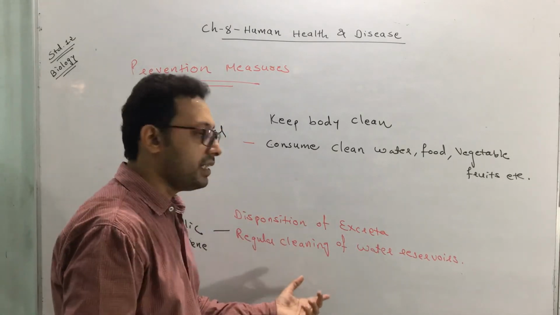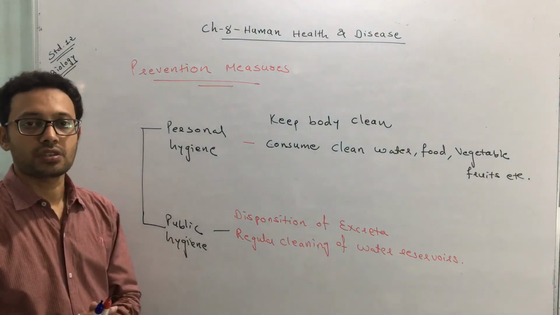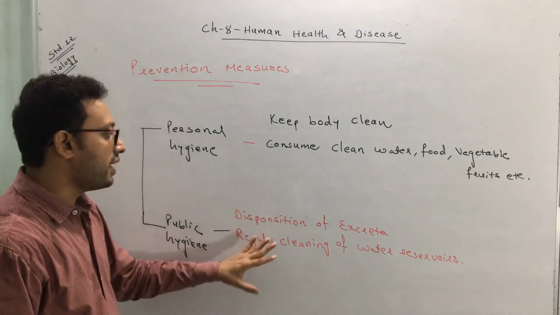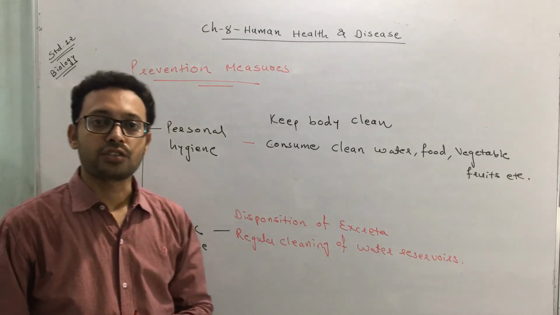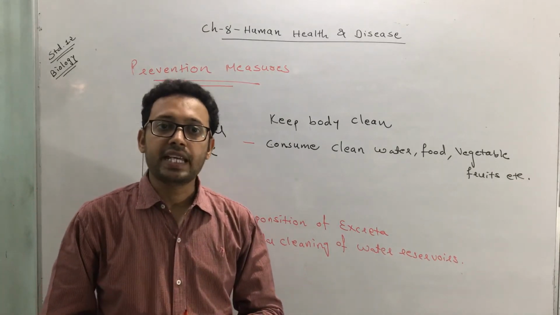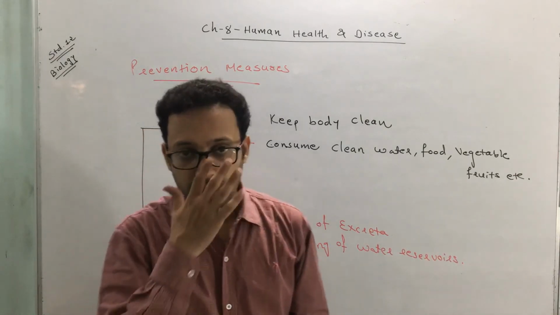That should be cleaned regularly, and thus we can maintain public hygiene. So this is the way by which we can maintain personal and public hygiene, so that such infectious diseases do not occur.